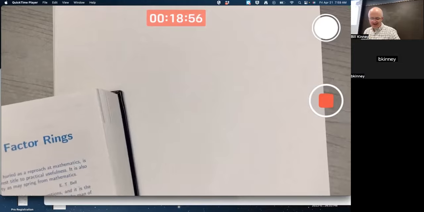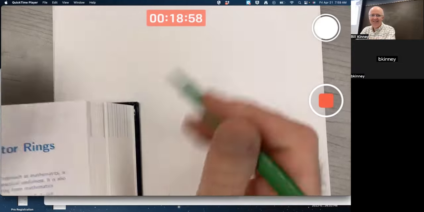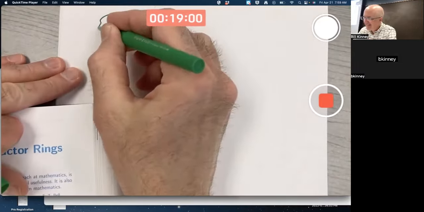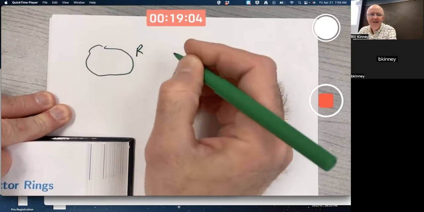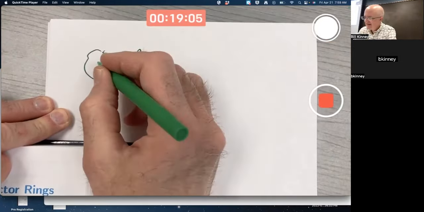Think about it visually. There's your ring R. There's your ideal A. Little a is in capital A. Little r might be in capital A, but it might not be.